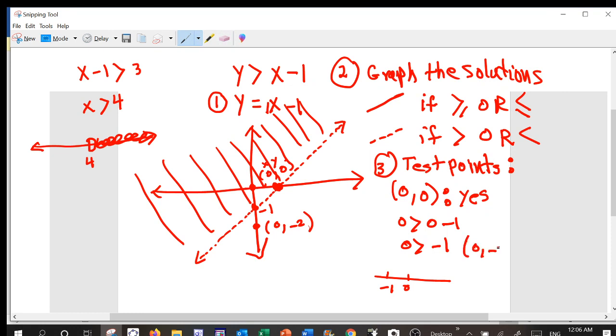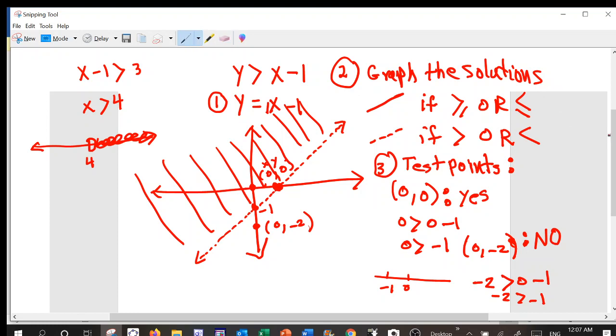Negative 2, y, is greater than 0 minus 1. Negative 2 greater than negative 1? No. So that one does not work, so we're not going to shade here. Okay, that's how we solve an inequality, right?